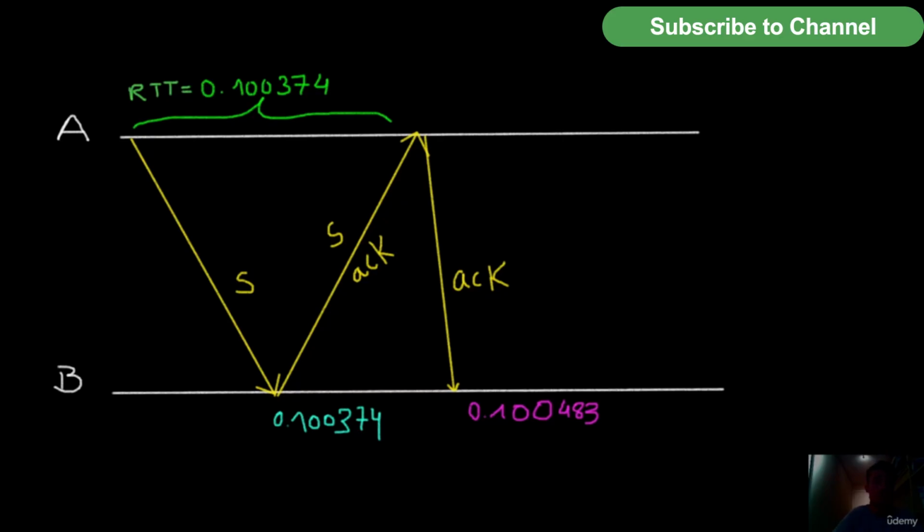This essentially means that the time that we have between the synchronization acknowledge and this acknowledgement is this value minus this value. There's a difference, which gives us this time in seconds. As we can see, this first time is much higher and considerably higher than this one.